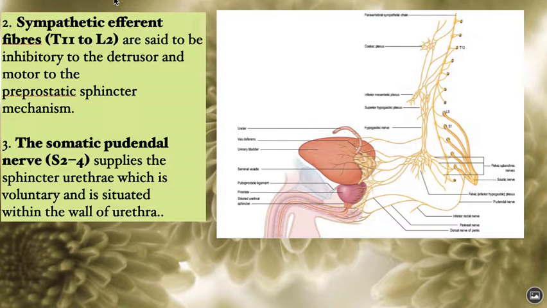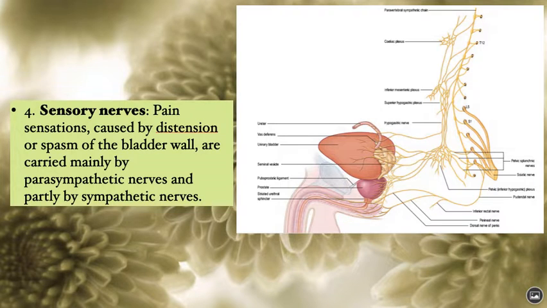The sympathetic efferent fibers are said to be inhibitory to the detrusor and motor to the preprostatic sphincter. The somatic pudendal nerve supplies the sphincter urethrae, which is voluntary and situated within the wall of the urethra.